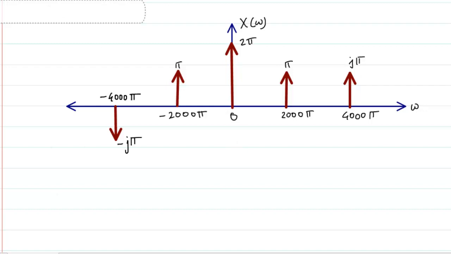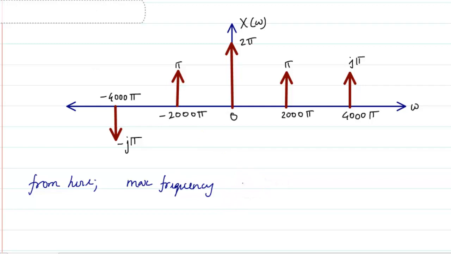Okay, next we can write from here the maximum frequency, which is not fm, it is omega m, because it's all in terms of omega.